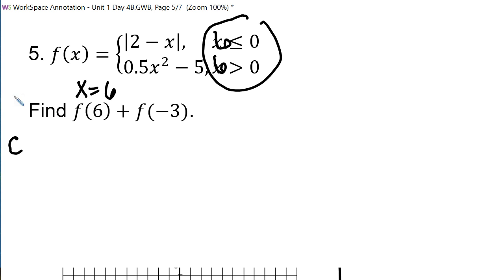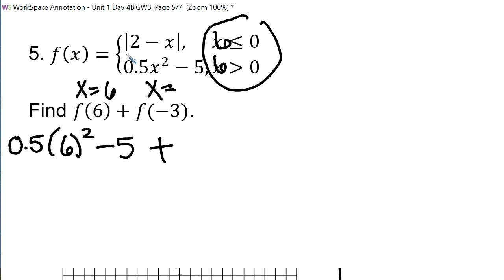So this would be 0.5. What are we substituting in for x? So this would be 6 squared minus 5. That's for f of 6. Now we have to add to that f of negative 3. This is normally f of x. So here x is negative 3.